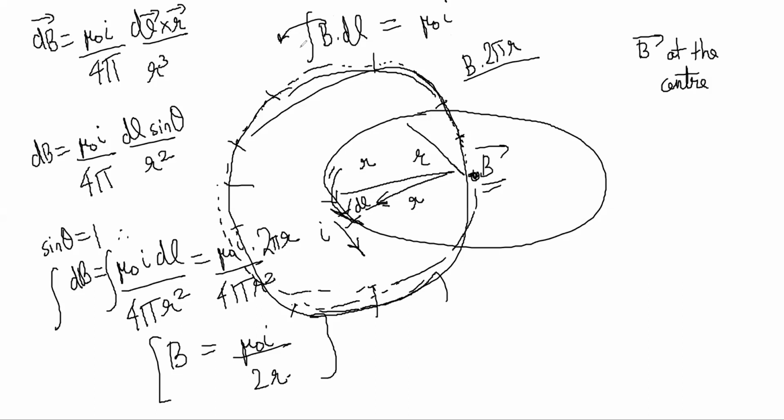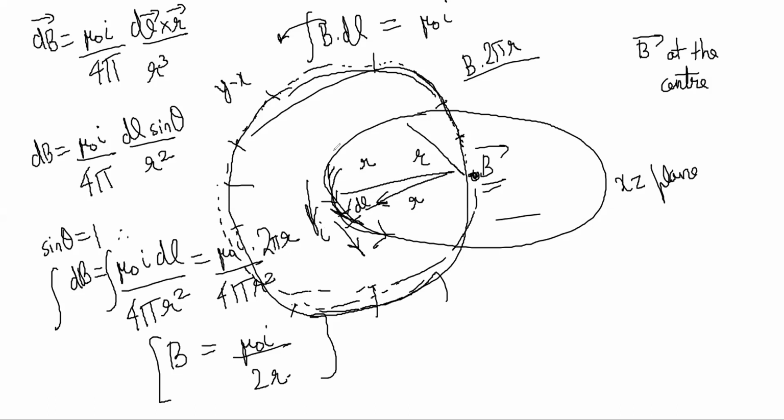That is why I have taken it out of the plane, to make I come out. My Amperian loop is in the xy plane, and I is in the xz plane.